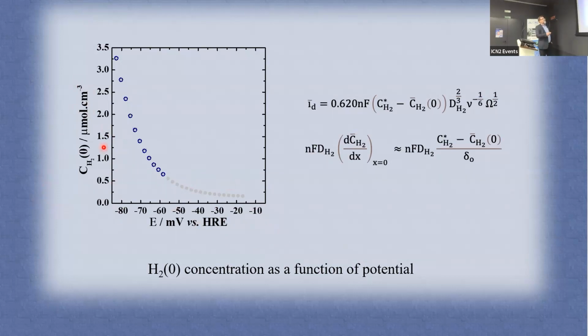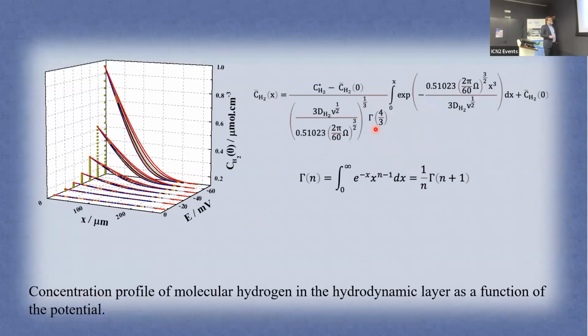And we have used Fick's first law. On the basis of a numeric solution, it is possible to determine the concentration profile of hydrogen in the hydrodynamic layer as a function of the potential.